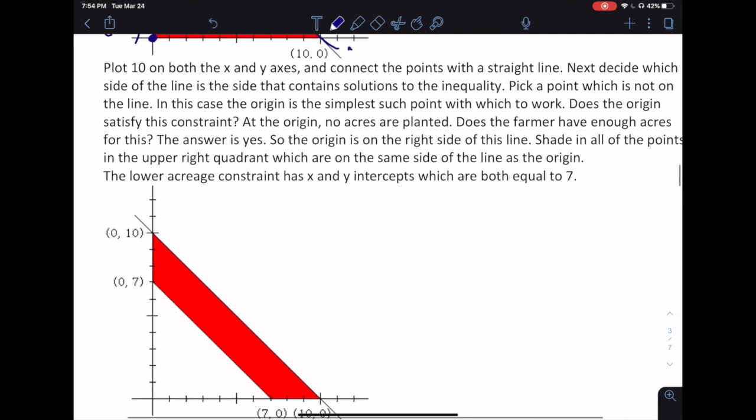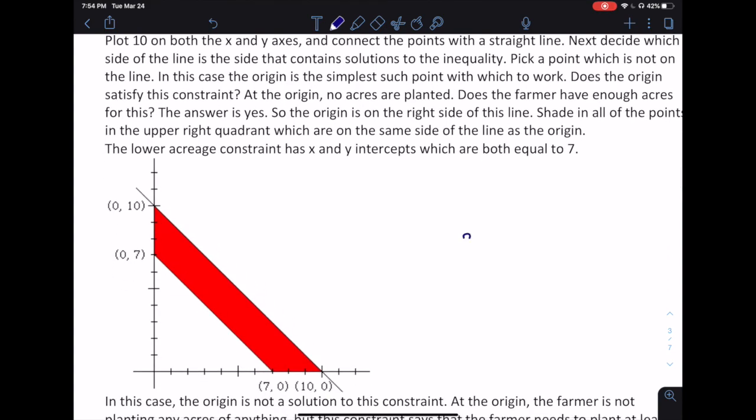Then we have another constraint, x plus y is greater than or equal to 7. If this is the x plus y equals 7 line, again, if you plug in 0, 0, 0 is greater than or equal to 7, this is false.